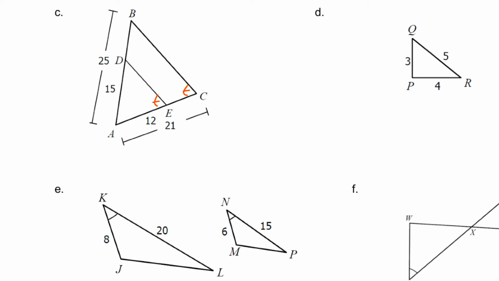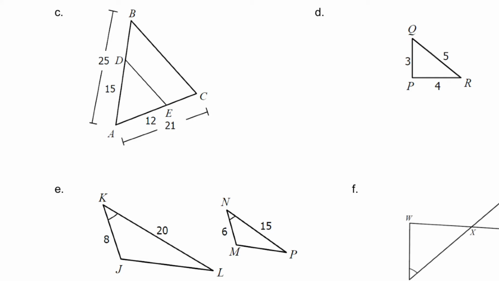But you cannot do that because you don't know that segment BC and segment DE are parallel. Even though they look parallel, don't assume that they are. You have to be told that they're parallel, or they have to be marked with the arrows indicating that they're parallel. So we cannot assume that they're parallel and say that these corresponding angles are congruent. So there's got to be another way to do this one.